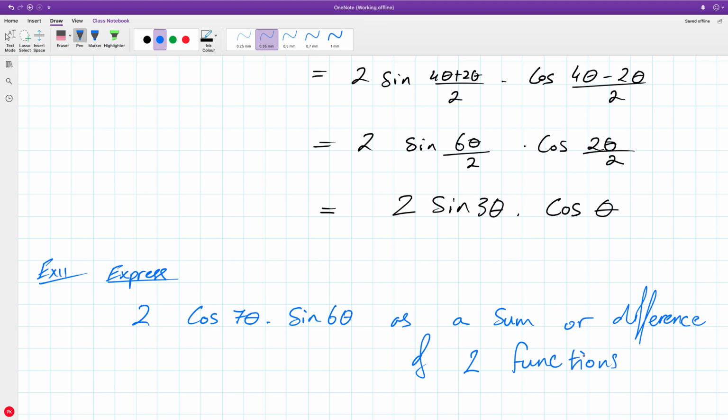So we're going to use the formula above it. We're going the opposite way. We're now going from product back to sum, i.e. we're going from multiplication back to addition and subtraction.